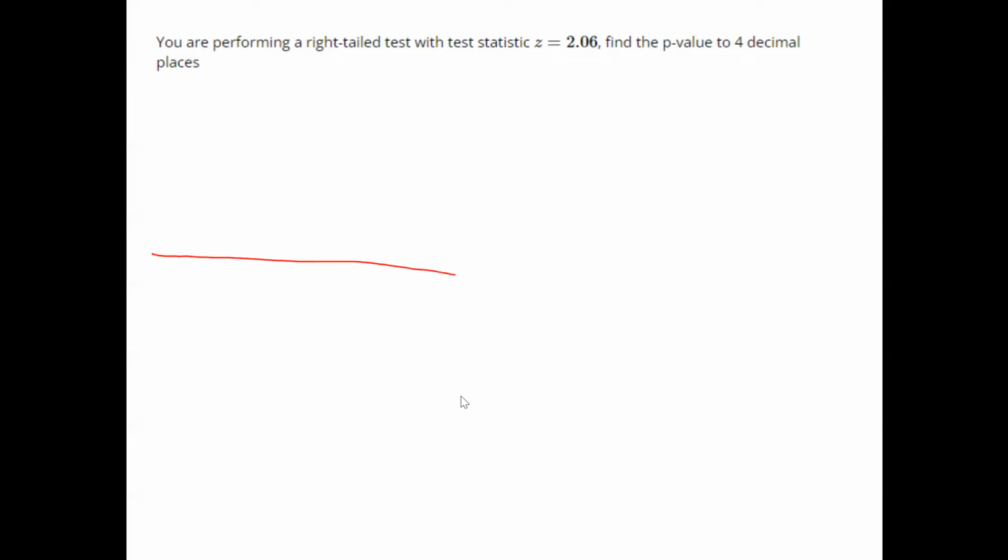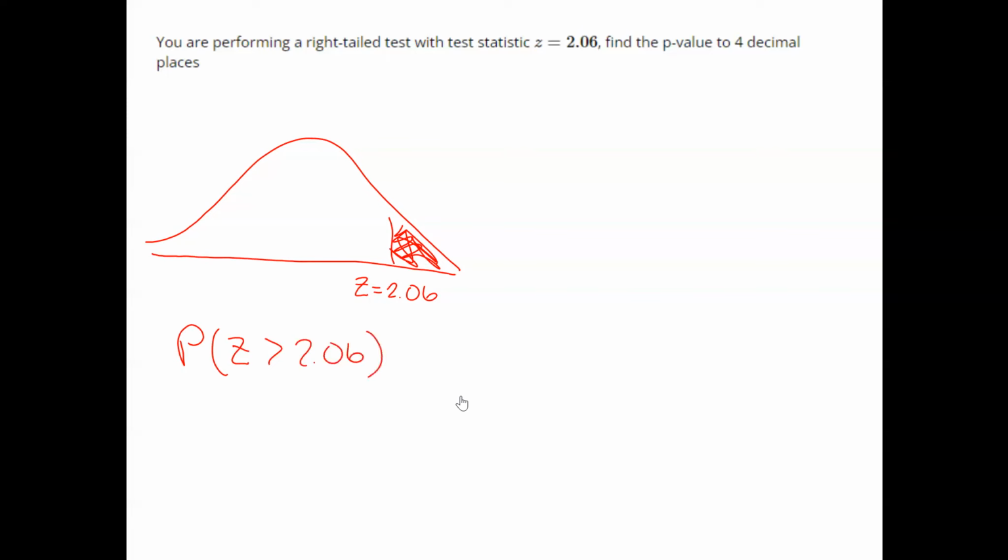So if it's a right-tailed test, we are looking for the area under the normal curve to the right of a given value. And in this case, they're giving me a z. So I'm looking for the area under the curve to the right of a z value of 2.06. So I am looking for the probability that z is greater than 2.06 because it's a right-tailed test, to the right of that z value.